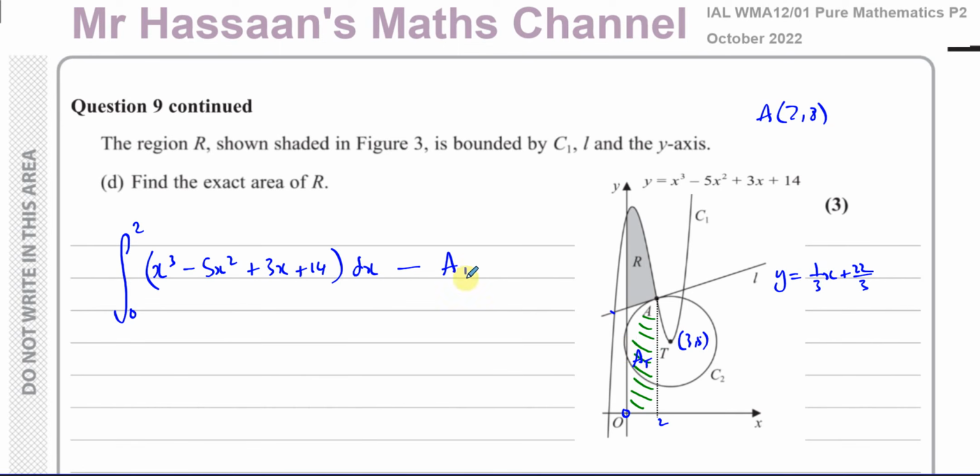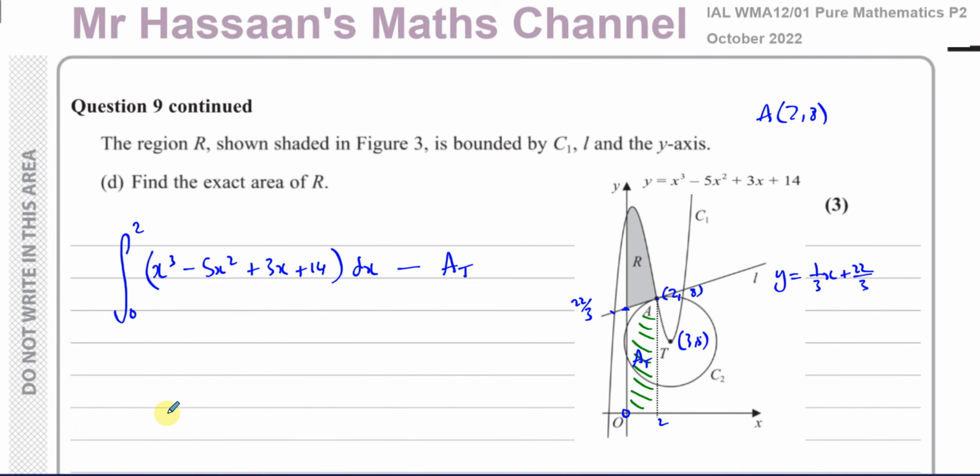I know that this is the line L1, which passes through the y-axis at 22/3, so I know the coordinates of this point is 22/3. I know the coordinates of this point is (2, 8). So that's 8. So I can work out the area of the trapezium quite easily.